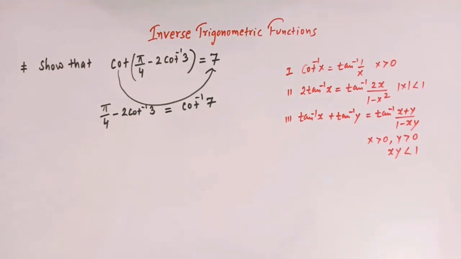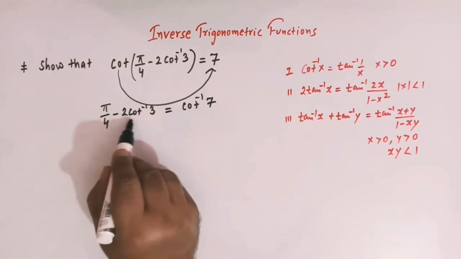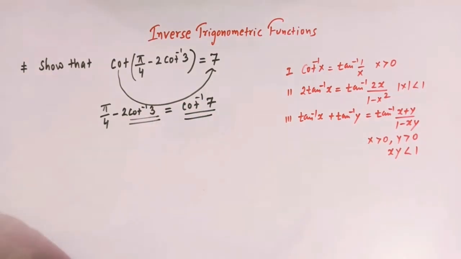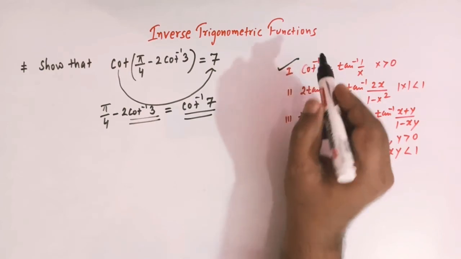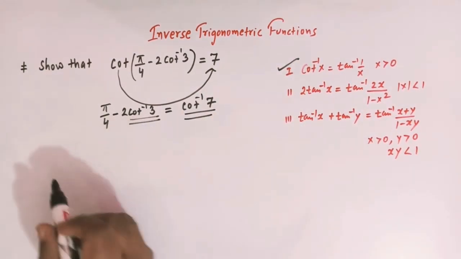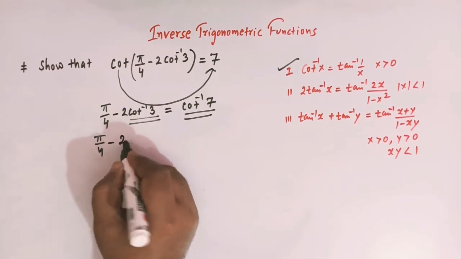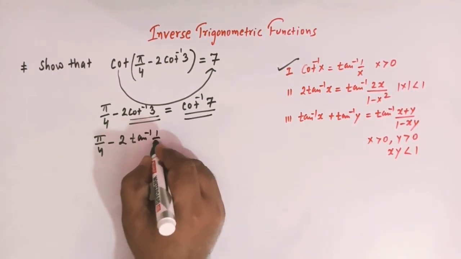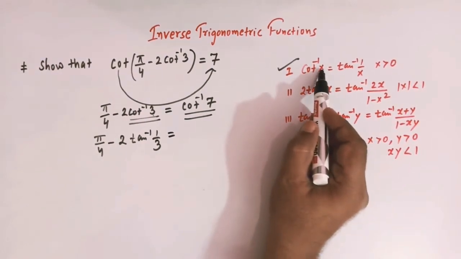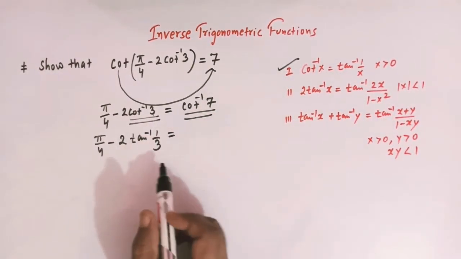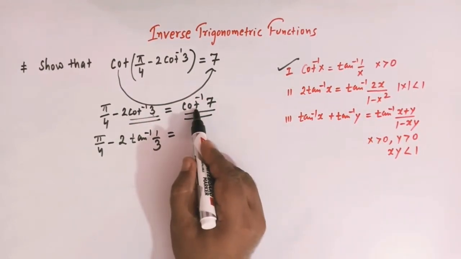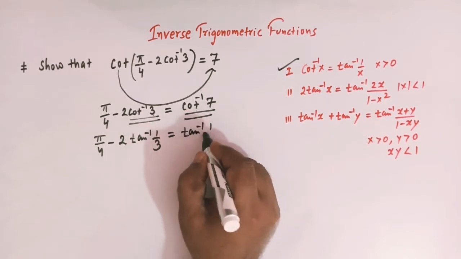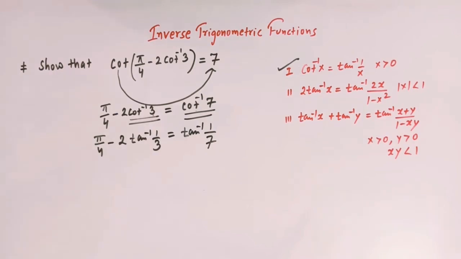Now in this statement we have cot⁻¹ 3 and cot⁻¹ 7, so we'll apply the first result here. Cot⁻¹ 3 can be written as tan⁻¹(1/3), because x is equal to 3 here, and applying the result to the other term, cot⁻¹ 7 is equal to tan⁻¹(1/7).